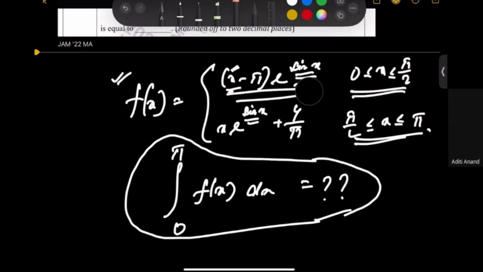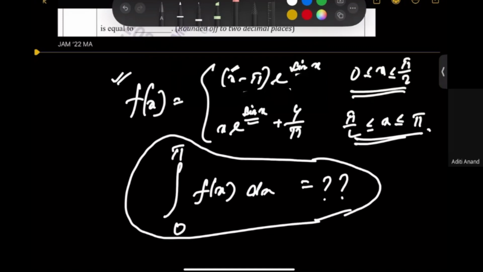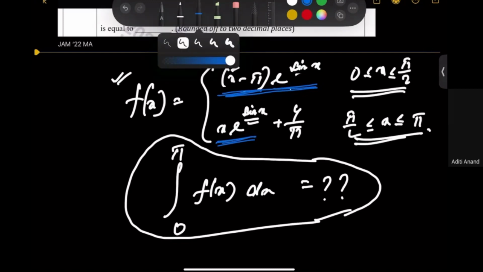The pattern is x minus pi here, and this one. There are some similarities. Do you see the similarities? There's x minus pi e power sin x and x e power sin x, right? So we will be exploiting this similarity to solve this problem.